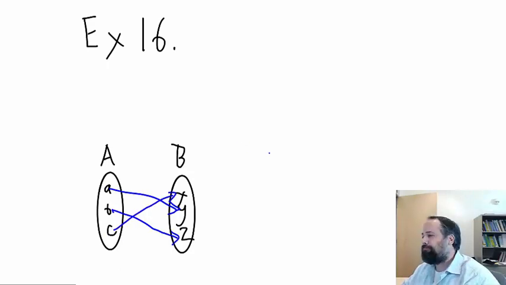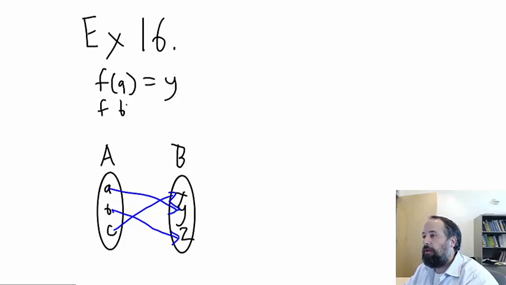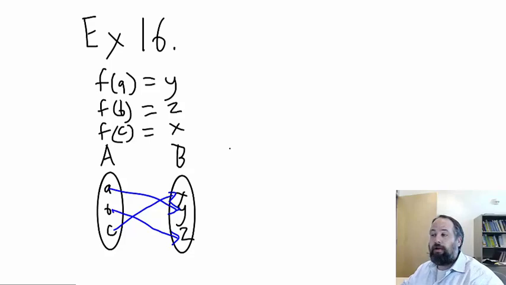That's our function. We could say f of A equals Y, f of B equals Z, and f of C equals X, right? So those two are equivalent.